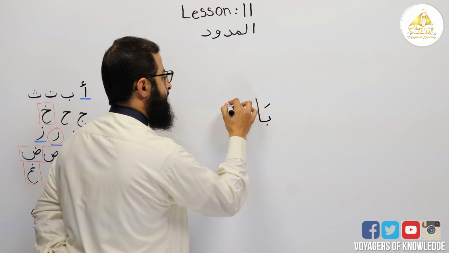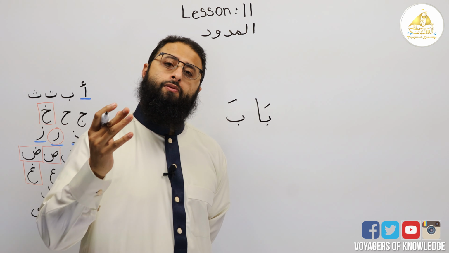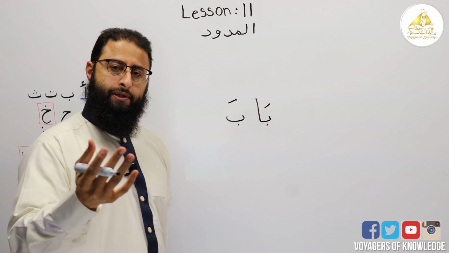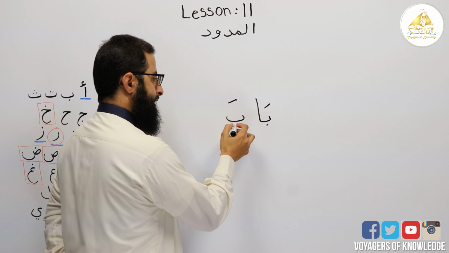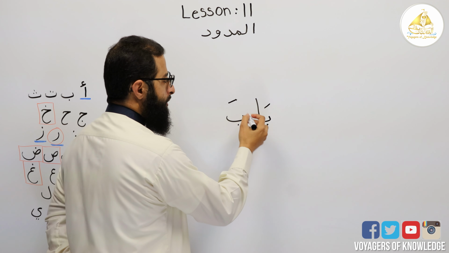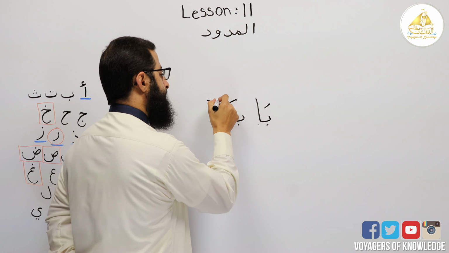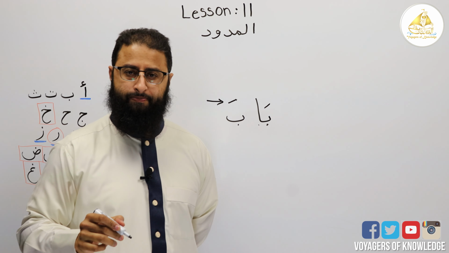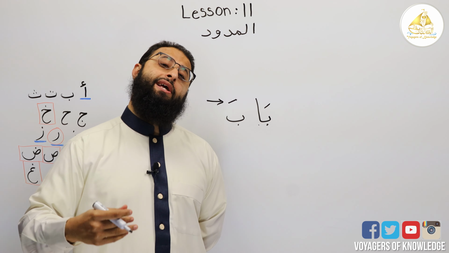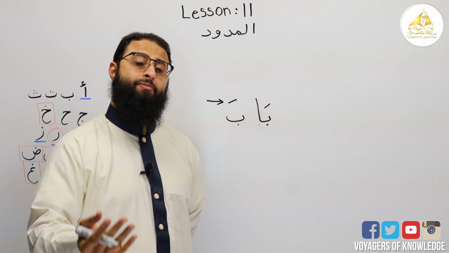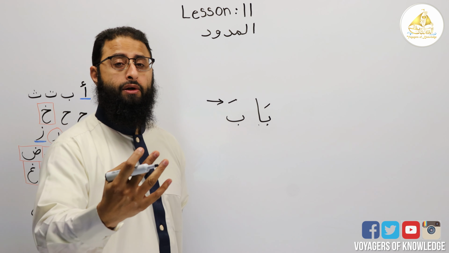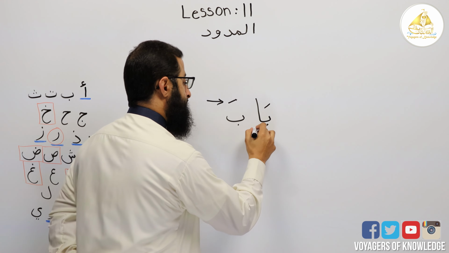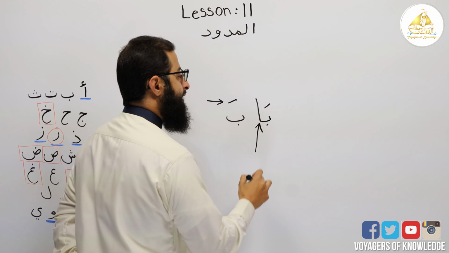What we're doing to the vowel is extending it. The fatha on the ba, we're making it longer. And the reason why we make that fatha longer is because of the appearance of the alif after it.